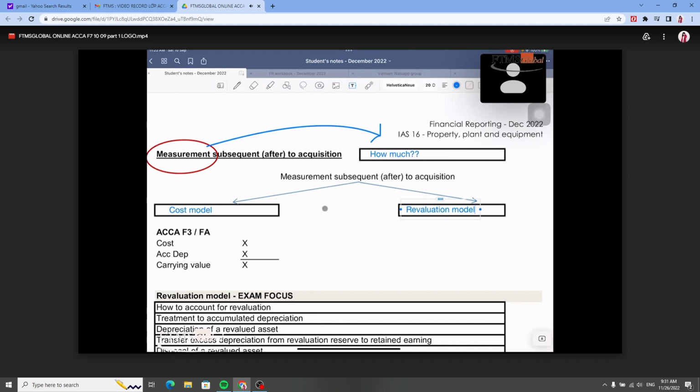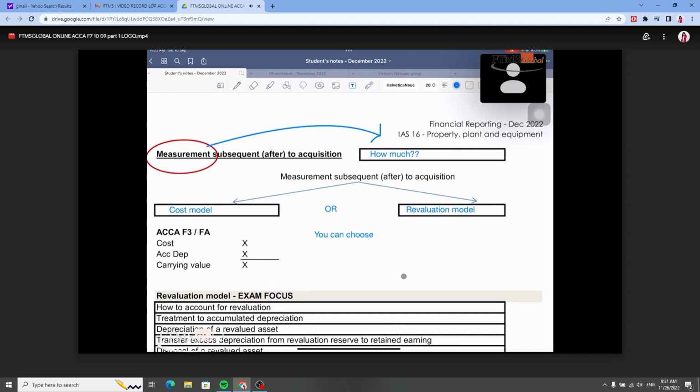Okay, now one thing maybe you are not aware of is that you can choose whether you want a cost model or a revaluation model.